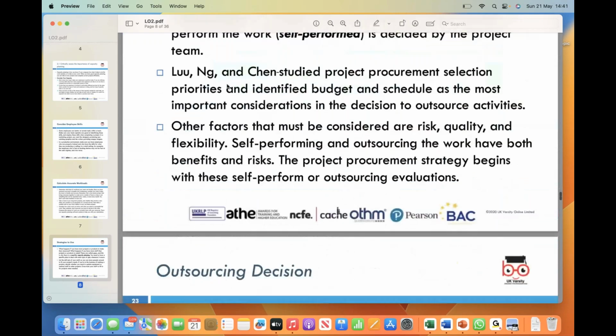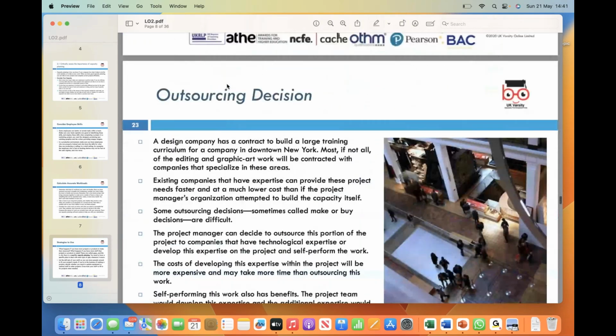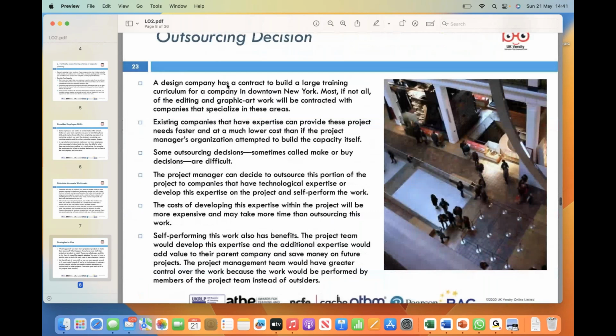Now the outsourcing decisions, in the context of a design company tasked with building a large training curriculum for a company in downtown New York.